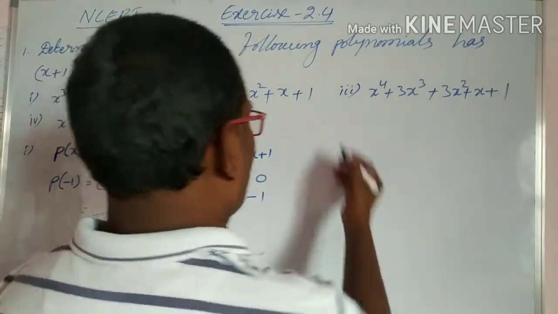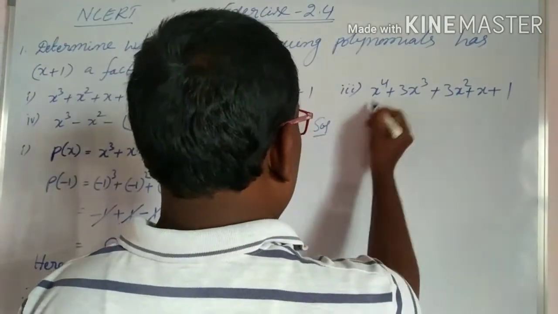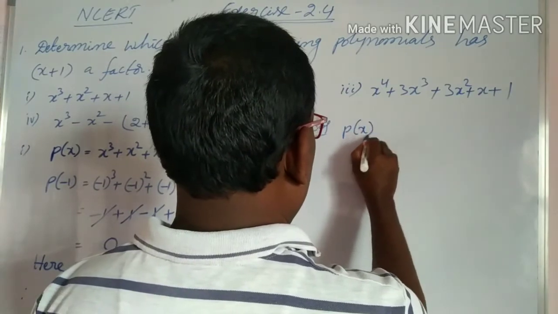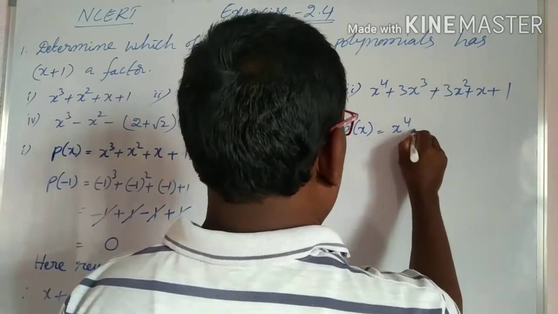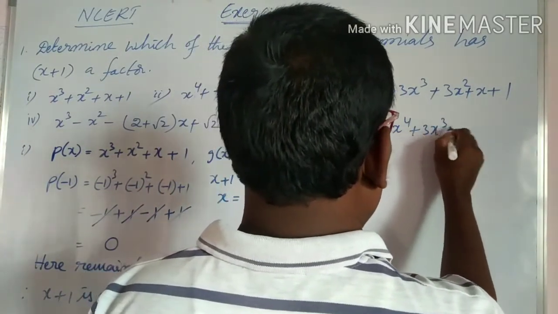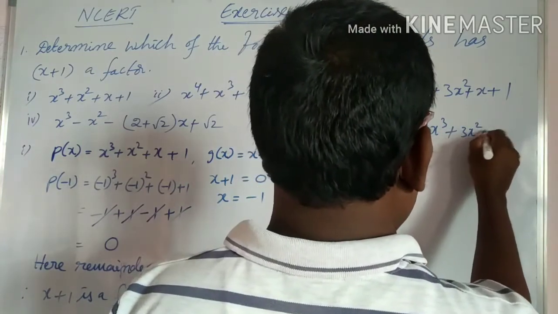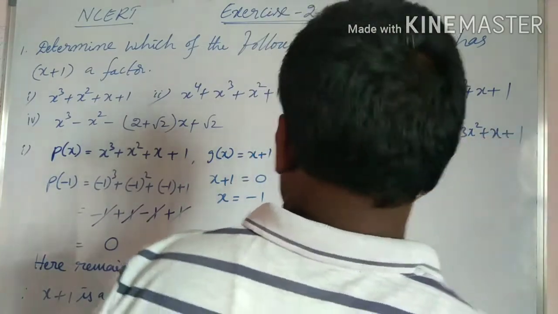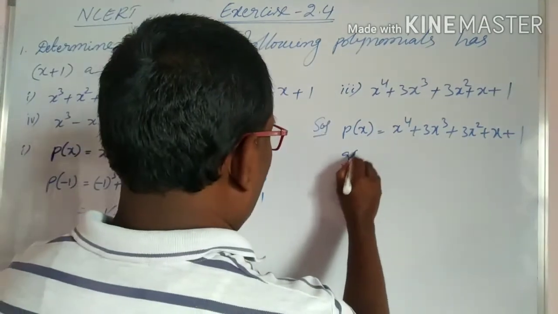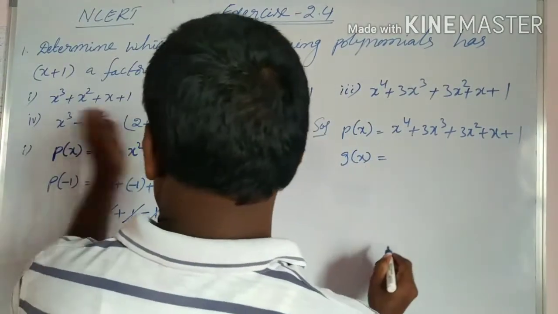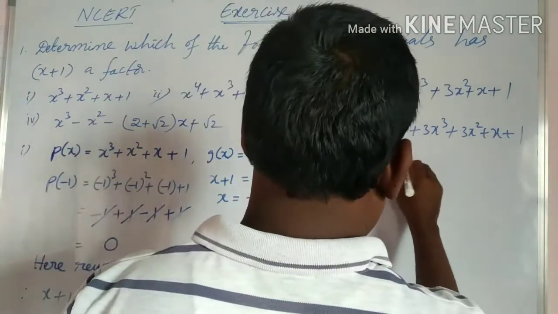Third problem, same solution, do like this. Same p of x is equal to x power 4 plus 3x cube plus 3x square plus x plus 1. Same g of x is equal to x plus 1.